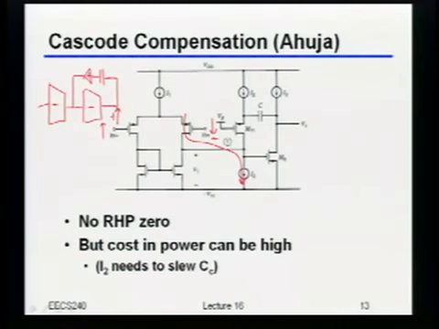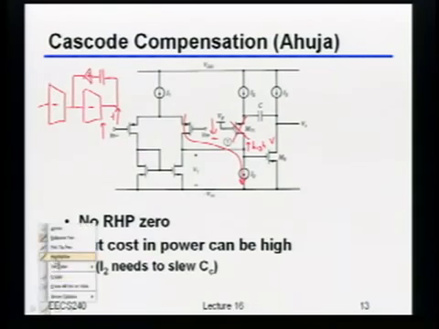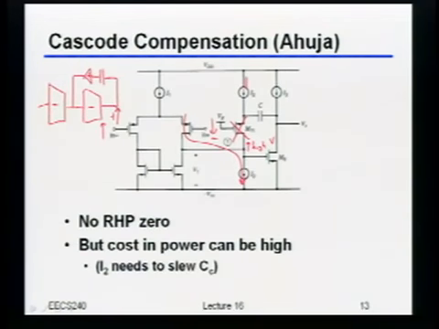Well, if we do that, this is going to go up to a pretty high voltage, right? In other words, this transistor right there is going to get cut off, right? Well, if that transistor right there is cut off, then now the only current we have available to charge up the Miller capacitor is I2, right?